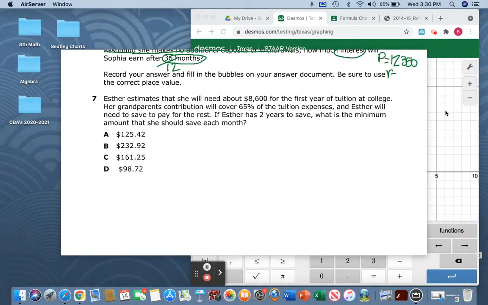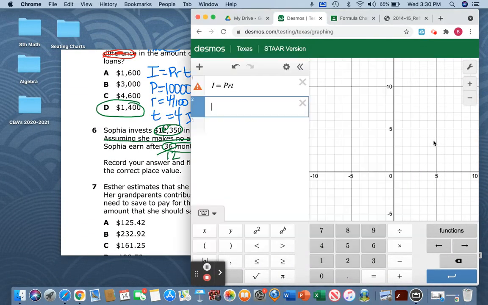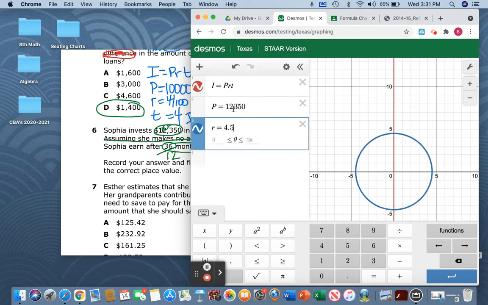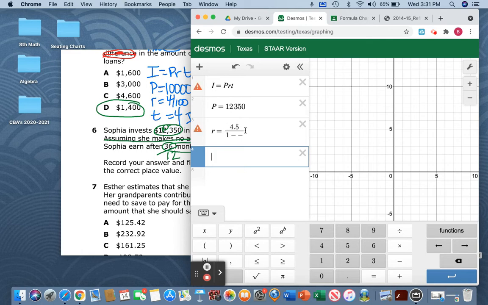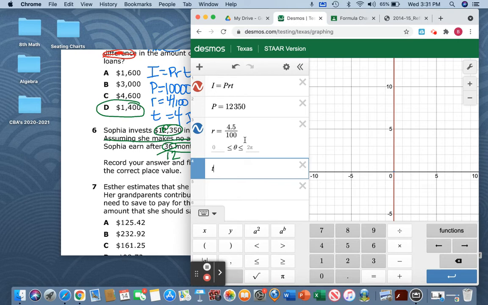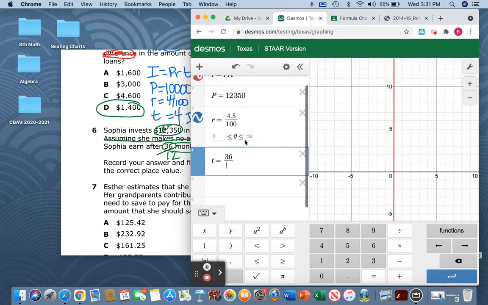Okay, I didn't write all of this. That's fine. P equals 12,350. R was 4.5 over 100. And T is 36 over 12, or 3.